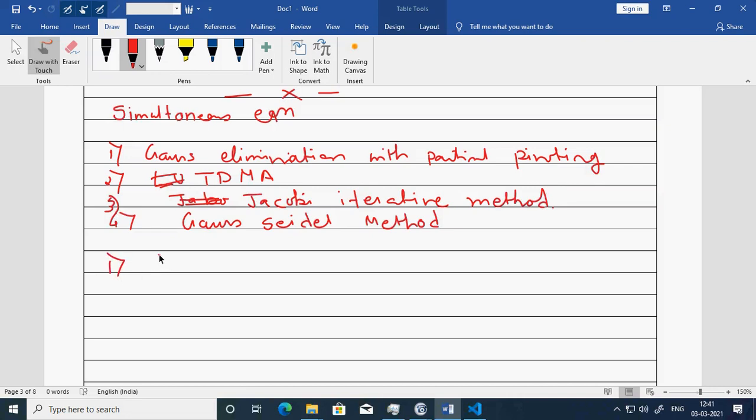Okay, so I start with Gauss elimination method. Elimination with, of course, partial pivoting.